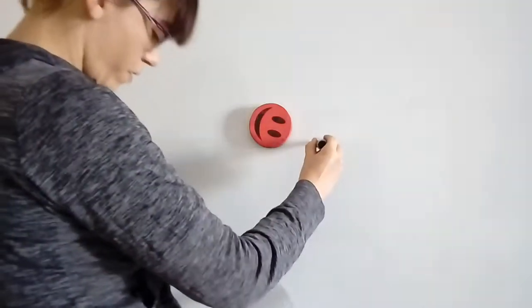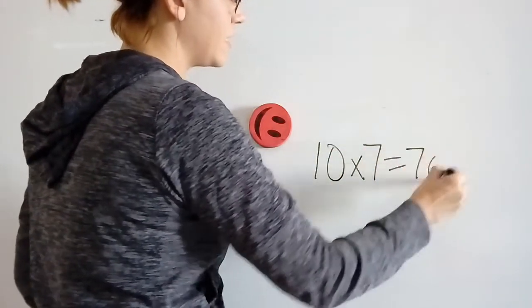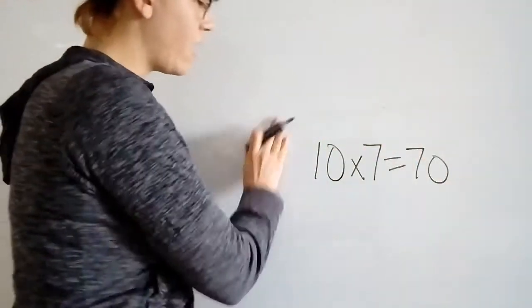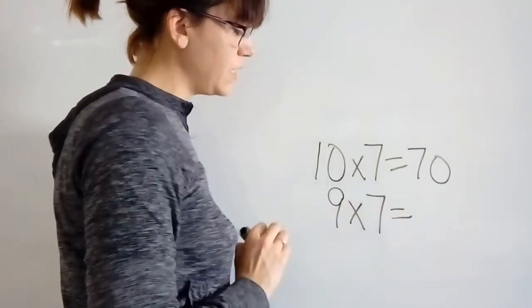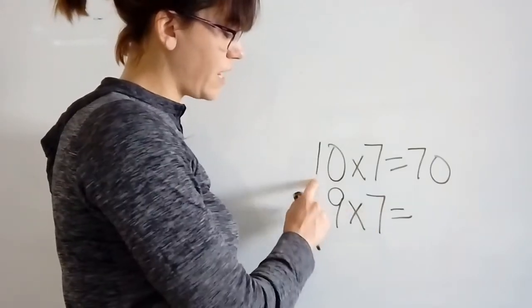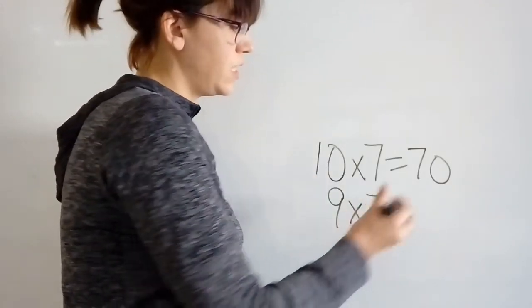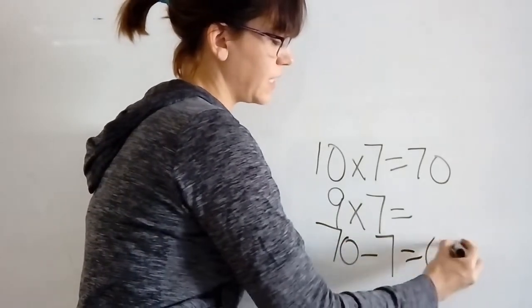If I know that 10 groups of 7 equals 70, and I want to know what 9 groups of 7 equals, it's just 1 less group of 7, because 10 minus 9 is 1. 70 minus 7 equals 63.